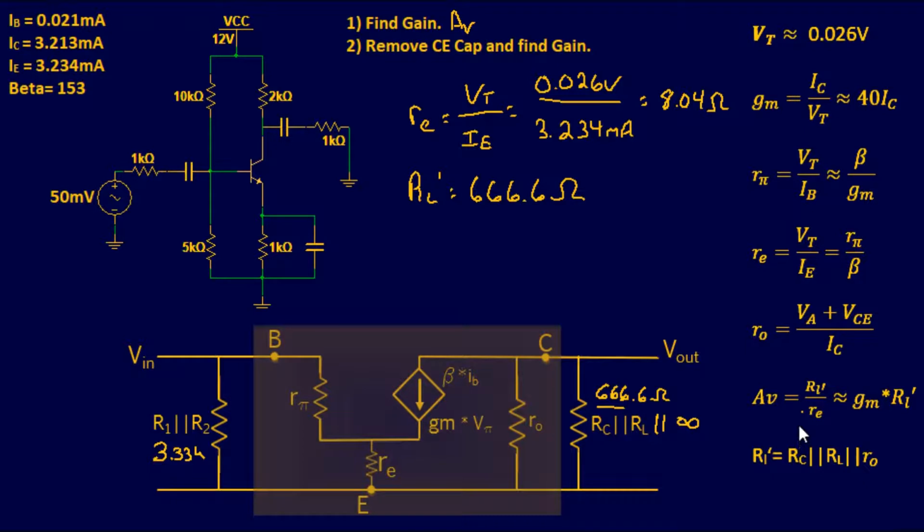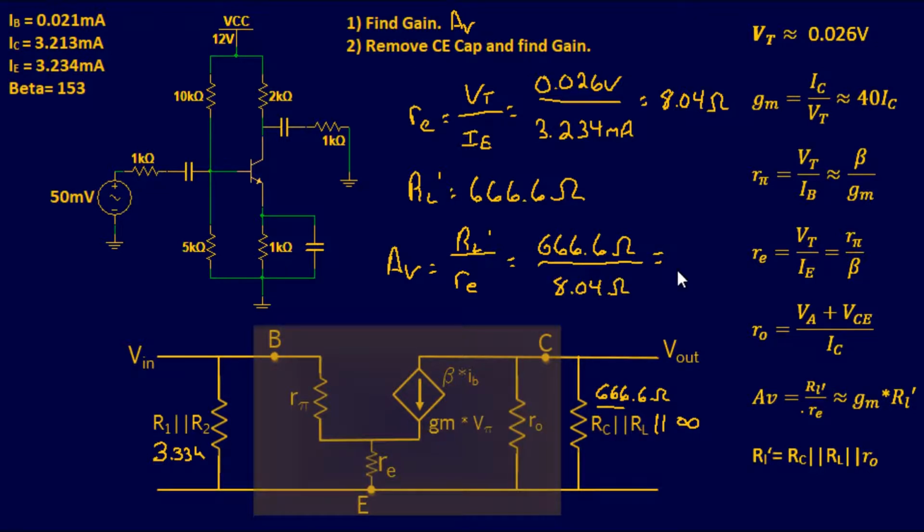Okay, since that be the case, we can plug and chug it in our gain equation right here. Gain equals R sub L over, and this is our internal emitter resistance, which is little r sub e. So that's going to be 666.6 ohms over 8.04 ohms.